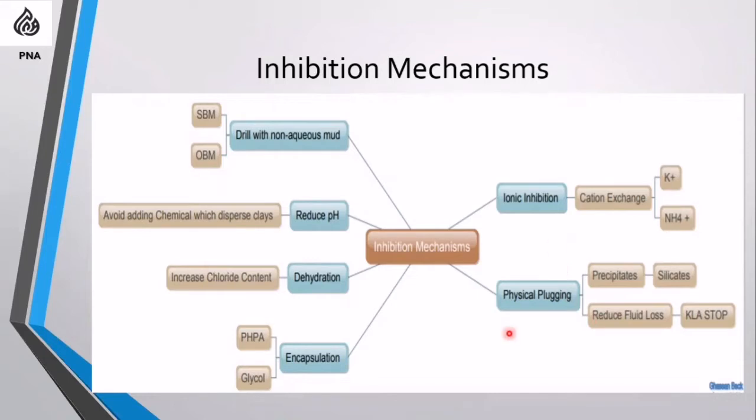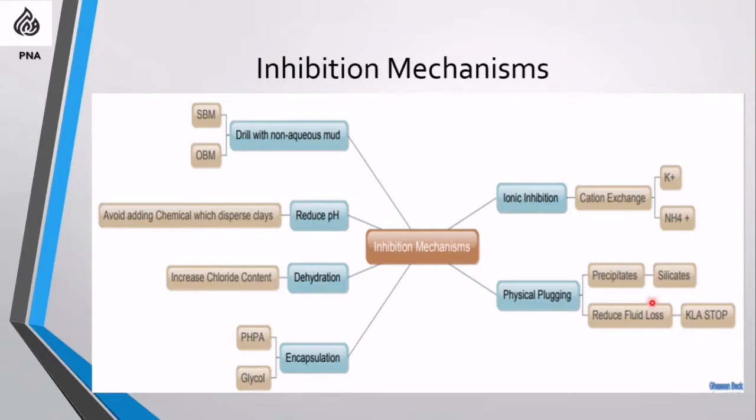Mechanisms number 5 and number 6 are physical plugging and encapsulation. For physical plugging, we have two types: silicate by precipitation, which makes physical plugging, or polyamine. In MI it's called Clay Stop. This is the trade name, but the chemical name is polyamine.